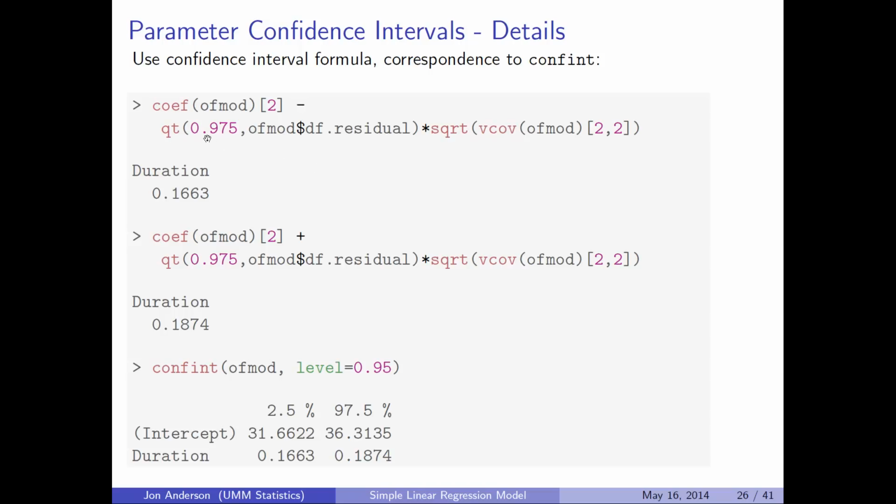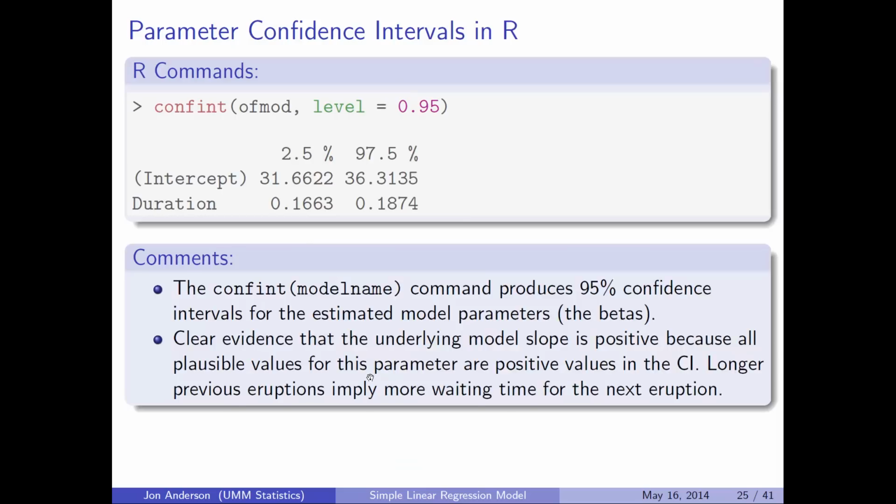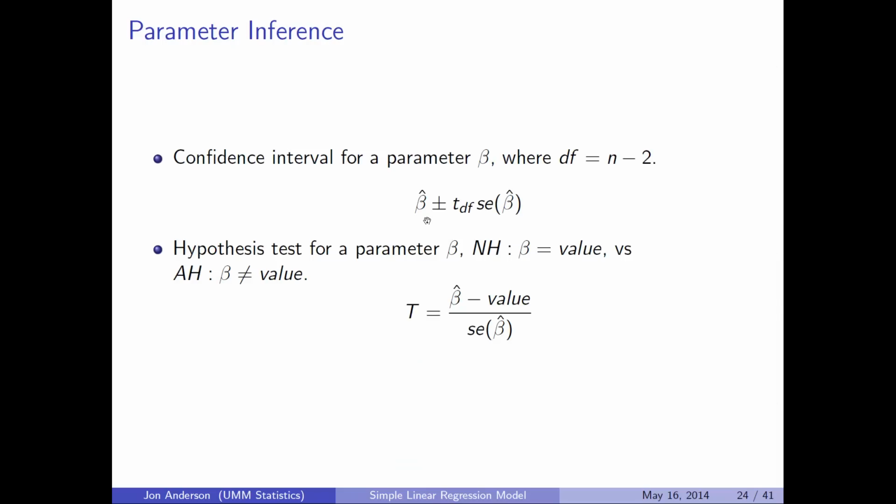Remember, you'd use the 97.5th percentile to make a 95% upper boundary, and then here is the square root of the variation to get the standard error. And notice I get the same lower boundary as I did in the confint command, and here is the same upper boundary in the confint command. You would never do this, but I just want to show you that the confint command that I'm talking about right down here really is using the formula that I pointed out here on overhead 24.